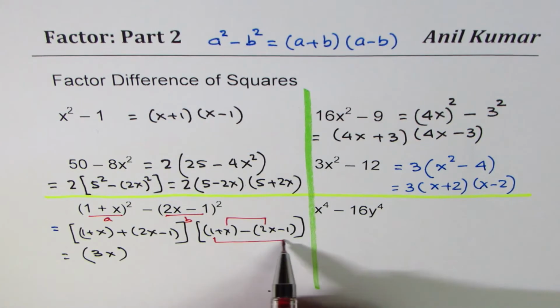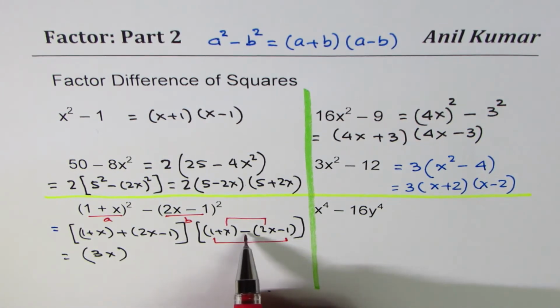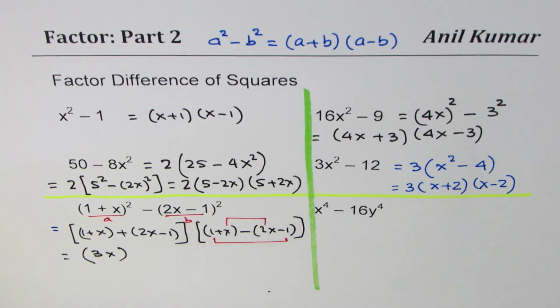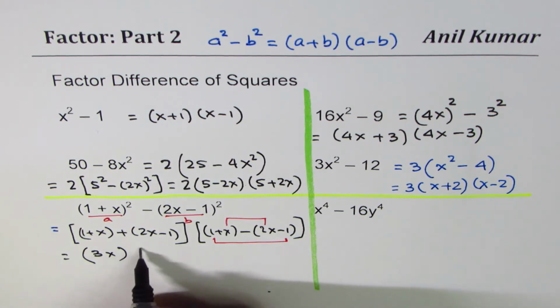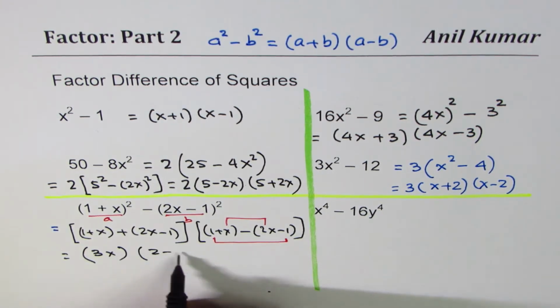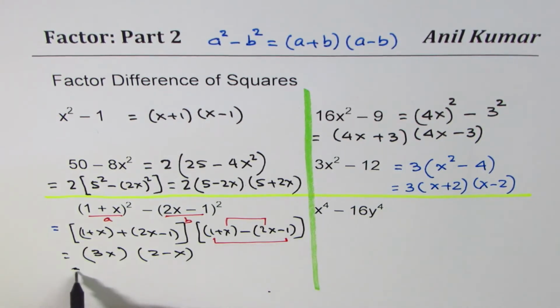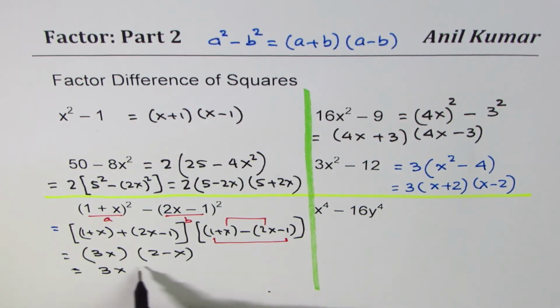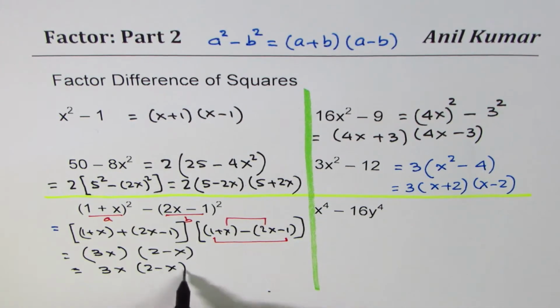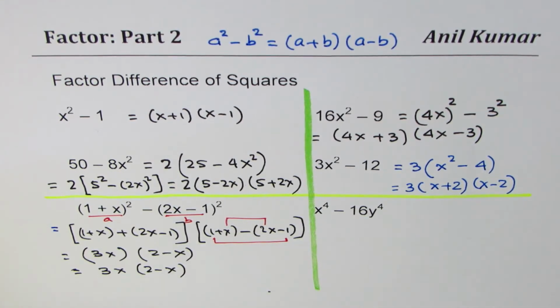And if you combine these two, minus 1 is plus 1, you get 2 plus 2. So what we get here is 2 minus x. Do you see that? So you could write this as 3x times 2 minus x, correct? So that is how you can do factoring of this example.